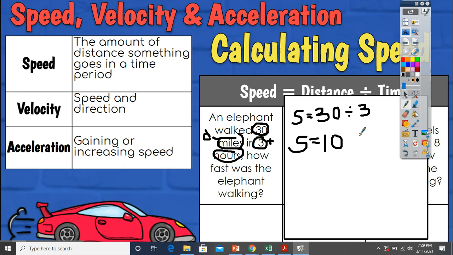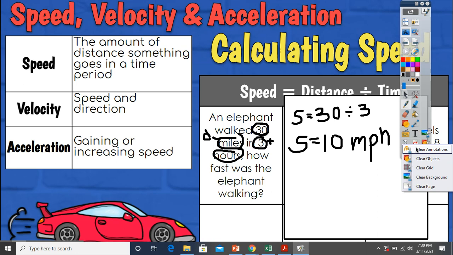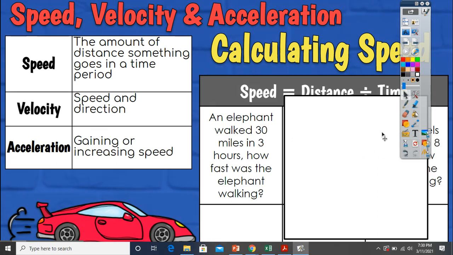So we have 30 miles per 3 hours. So that gives us a speed of 10 miles per hour. So that's pretty fast for an elephant, I think. So the elephant was walking 10 miles per hour. Now I'm going to move my little shape over.